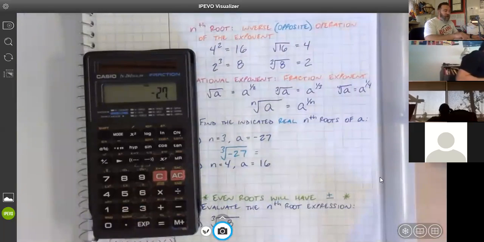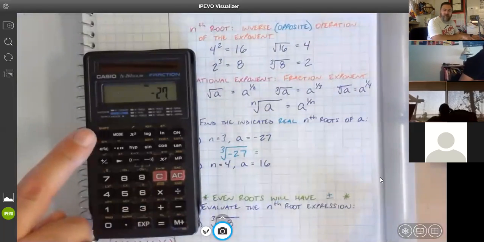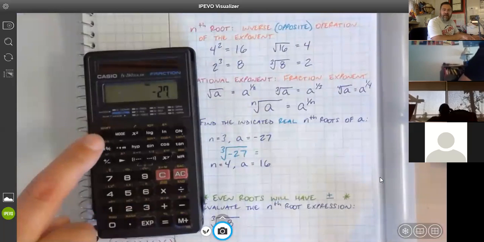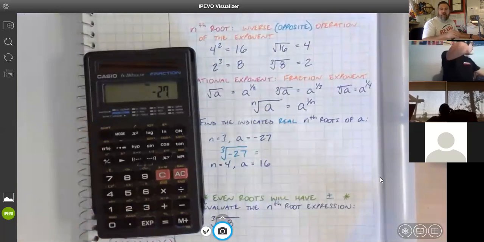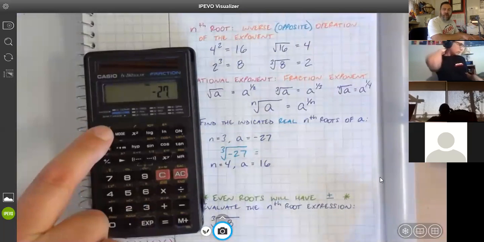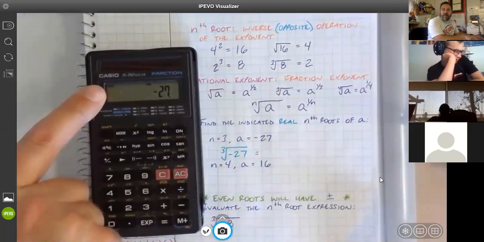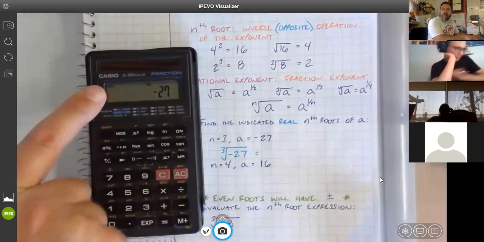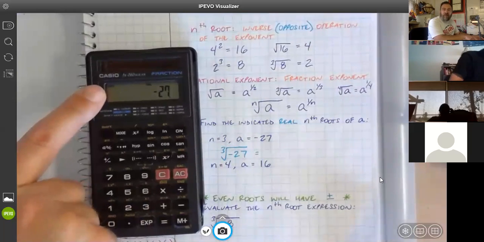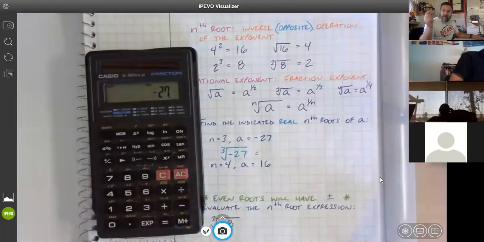And so just to show you, I need to press this shift button. For those that didn't know what that did, this gets me to my secondary function. Some of your calculators will say secondary function. When I push that, most calculators will have this little signal right here that tells you, in my case, it says shift. So it tells me I'm working on my secondary functions. Some of your calculators will say second or something like that.